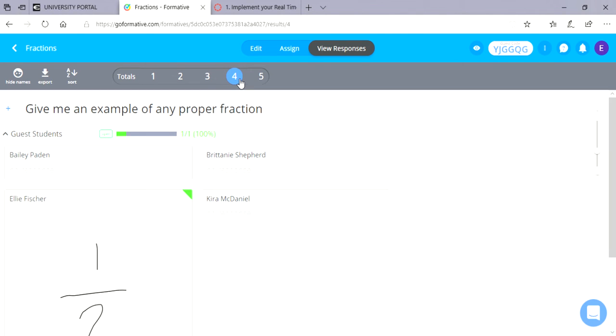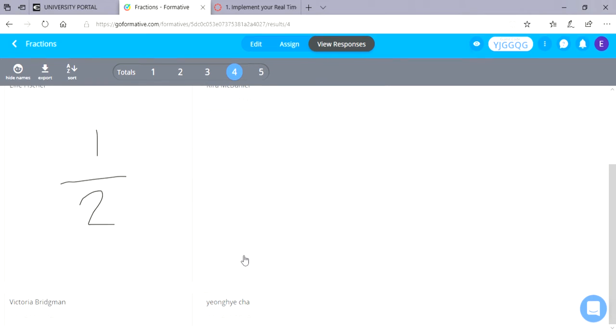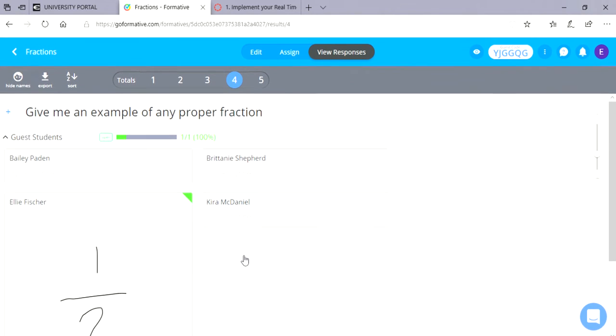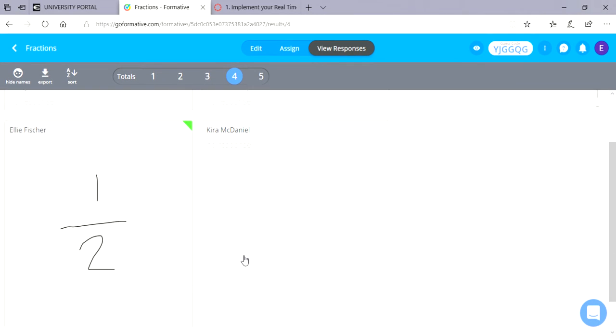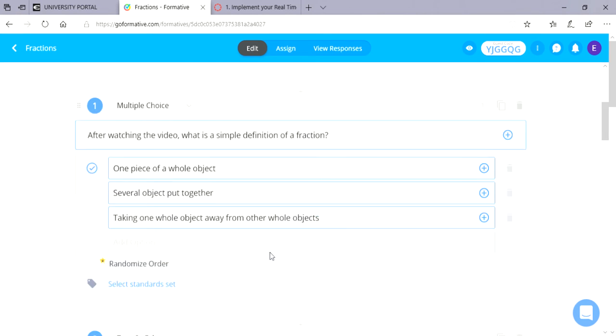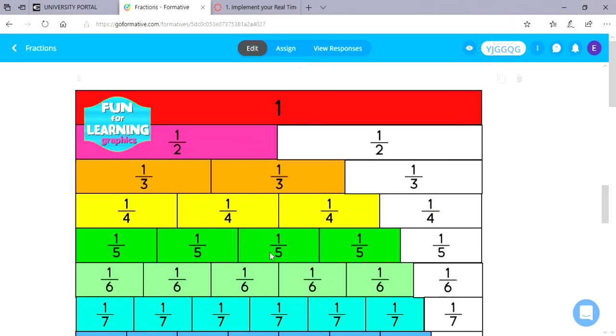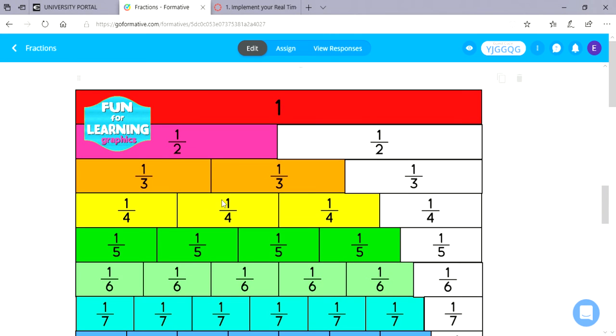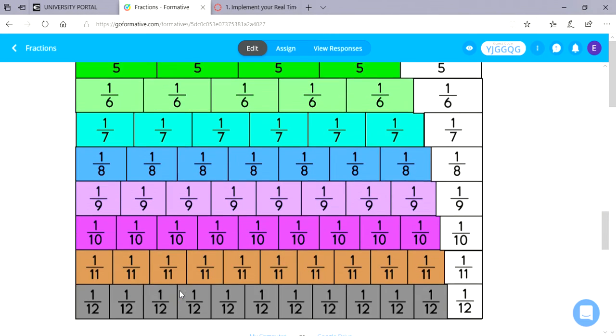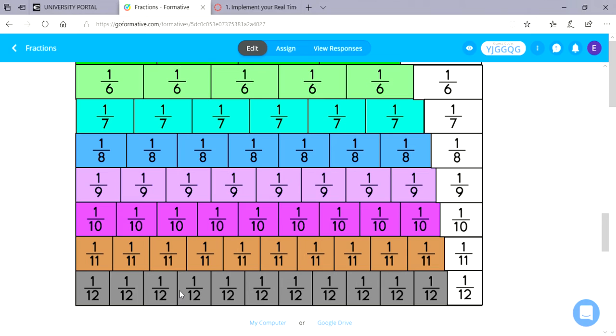An example of a proper fraction, I said 1/2, which again would be great. We could go back to our fraction chart, and anything like 1/2, 1/3, 1/5, 1/8, you could do 2/8, you could do 5/8. Anytime your numerator is smaller than your denominator, that would be a proper fraction.